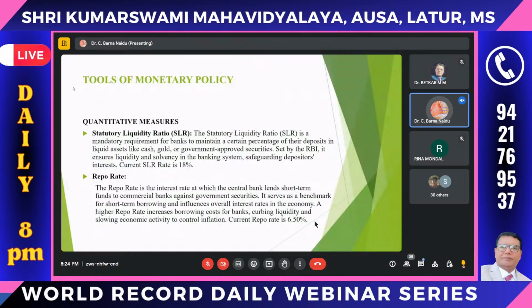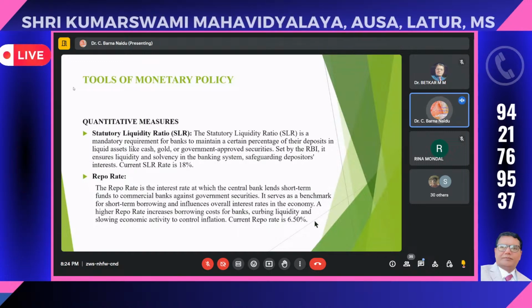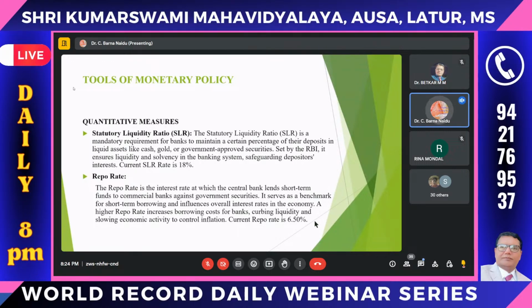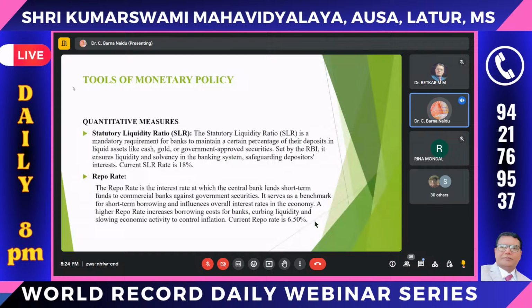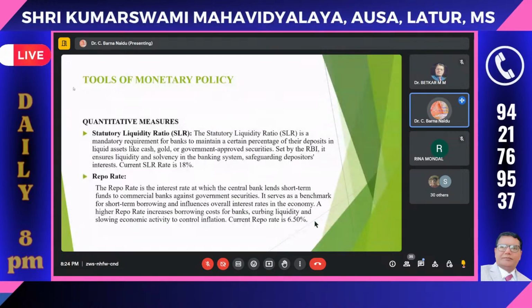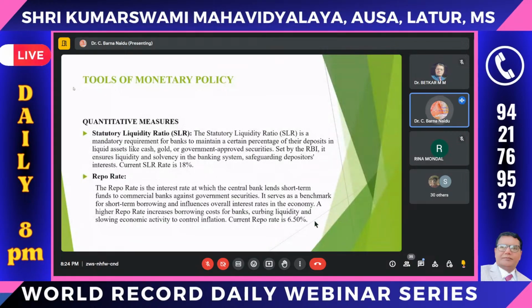Adjustment in repo rate impacts banks' borrowing cost and ability to lend, affecting the credit availability and economic momentum. So over here, the repo rate is between the RBI and the commercial bank. Exactly the opposite is happening. Currently, the current repo rate is 6.50. So exactly the opposite is the reverse repo rate.